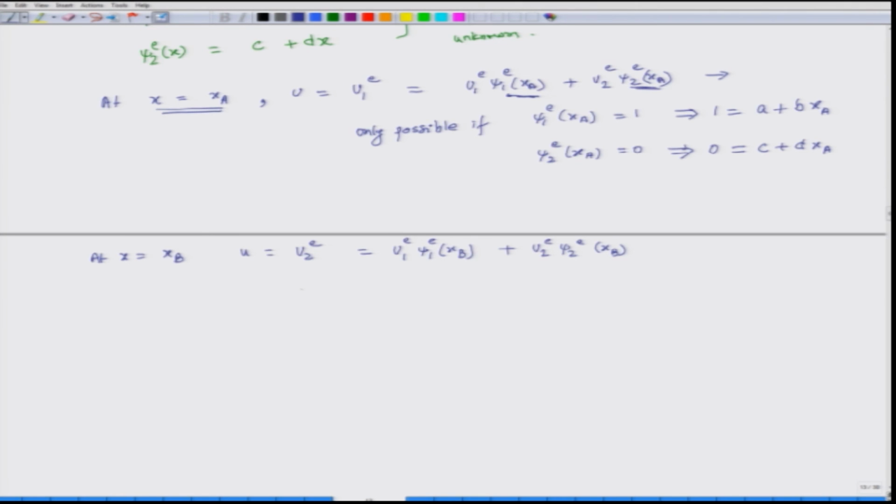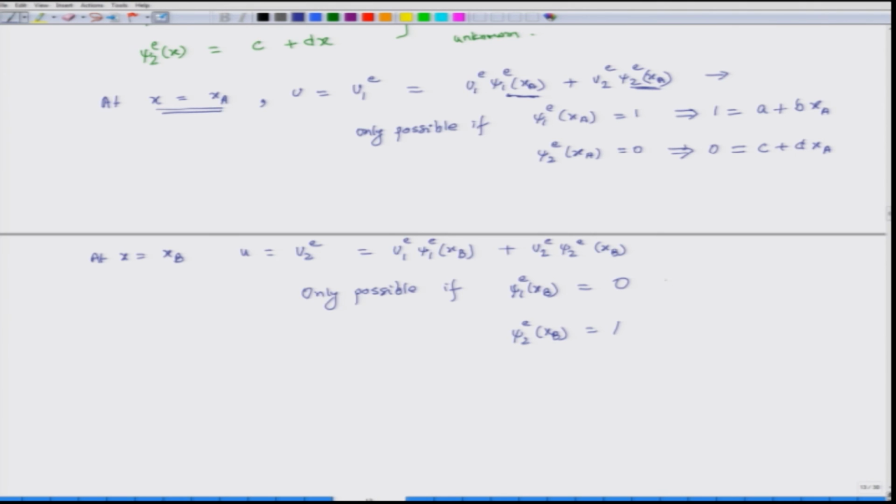Again, this is only possible if psi 1 at xb is equal to 0, and psi 2 at location xb is 1.